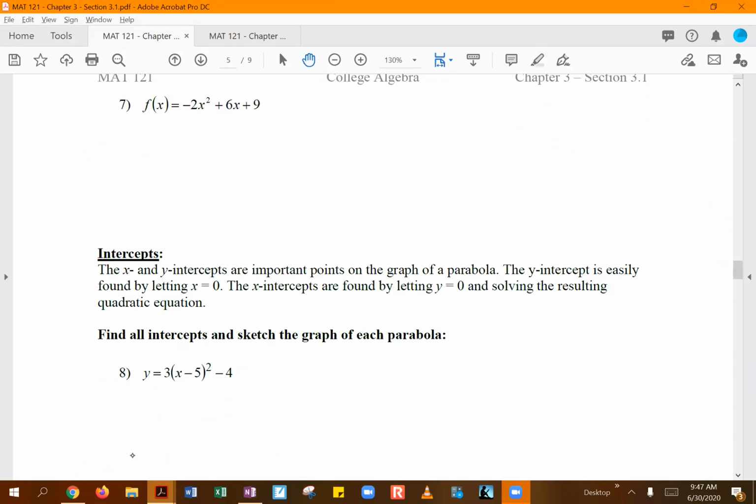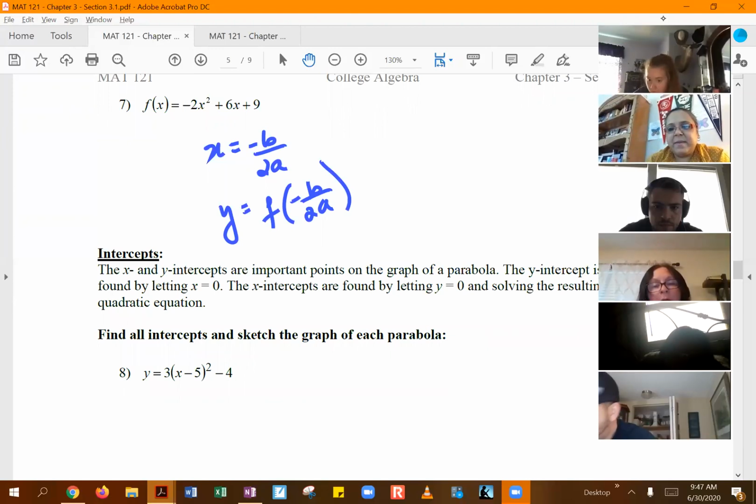The only difference is this is given to you in the standard form. So to find the vertex, you would need to use the equation x equals -b over 2a. And then to find the y, put that answer back into the equation to find your y coordinate. So let me see what answers you come up with for number 7. Same characteristics that we looked at for number 6.